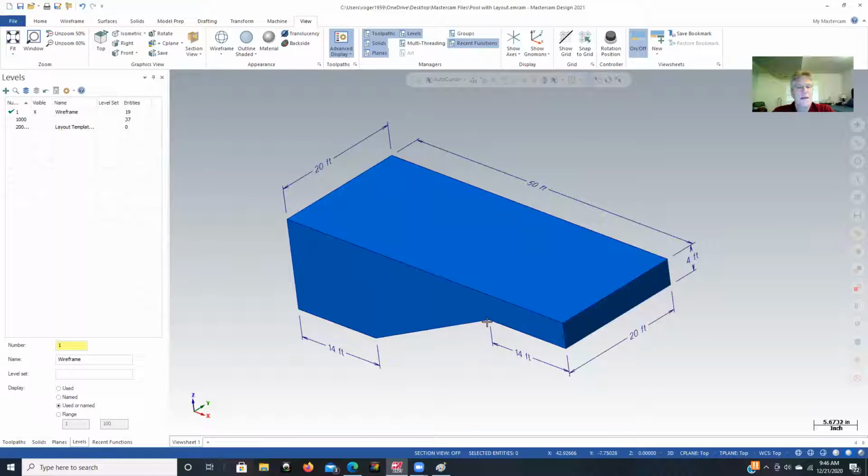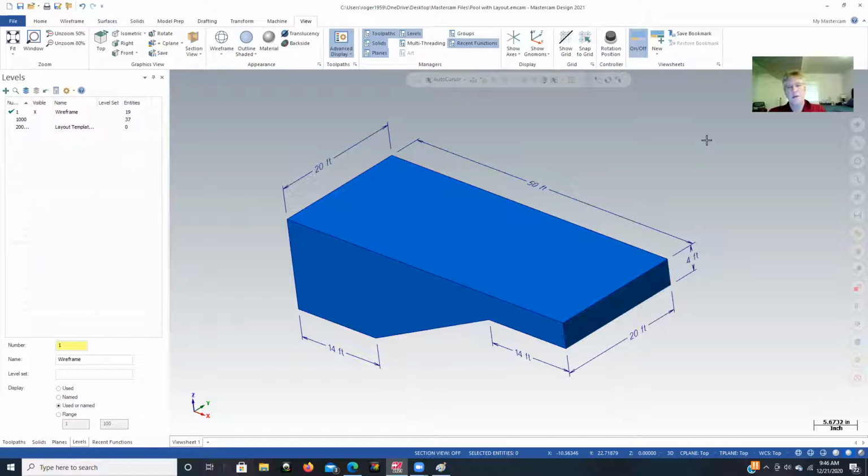And then the shallow end here is going to be 14 feet. The deep end is going to be 14 feet. And then we've got this slant right here. So the hardest part of this problem is to calculate this section right here in the middle. Once we decide how we're going to do it, it's not going to be that bad.